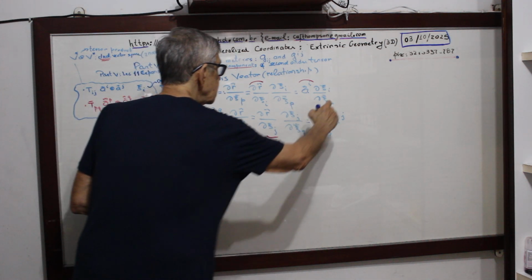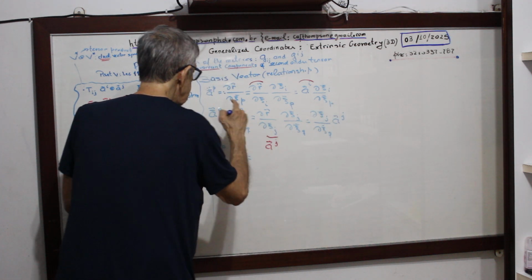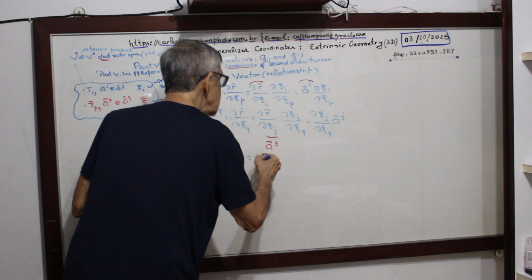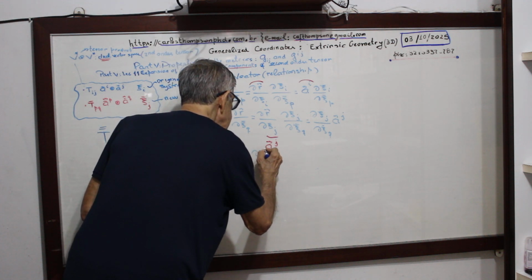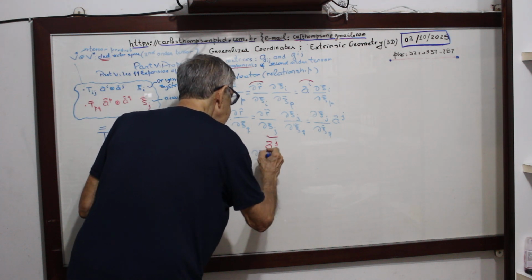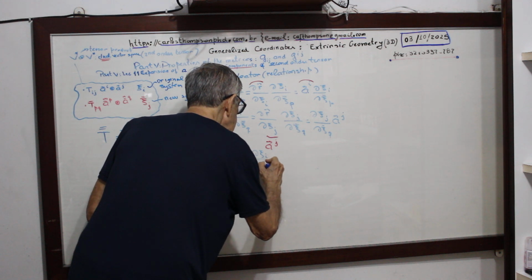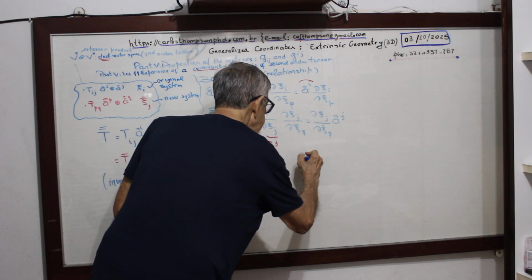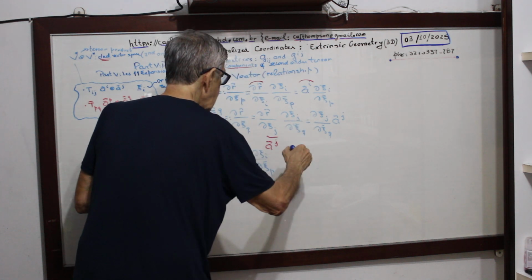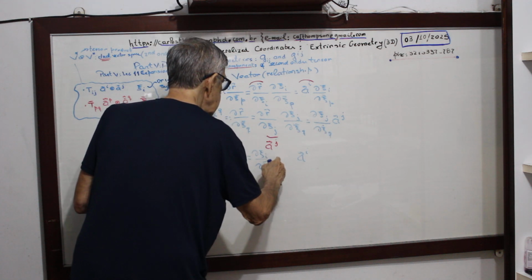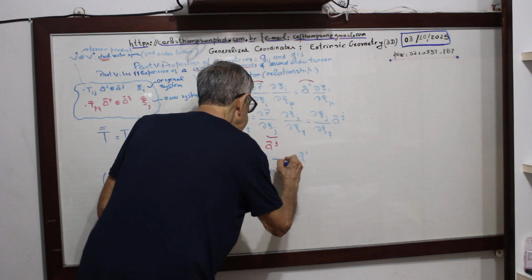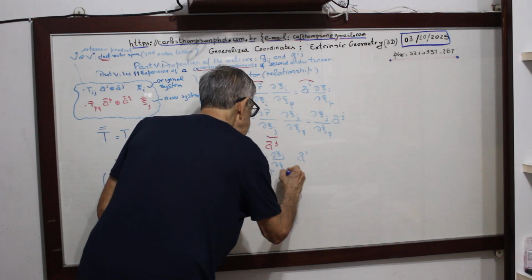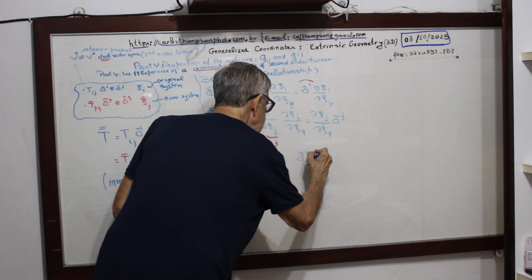So this will be, I'll write first this one: A_p A_q, copying from here to here, partial c^i, partial c bar^p, A_i. Now I'll copy from here to here because it's A_q: partial c^j, partial c bar^q, A_j.